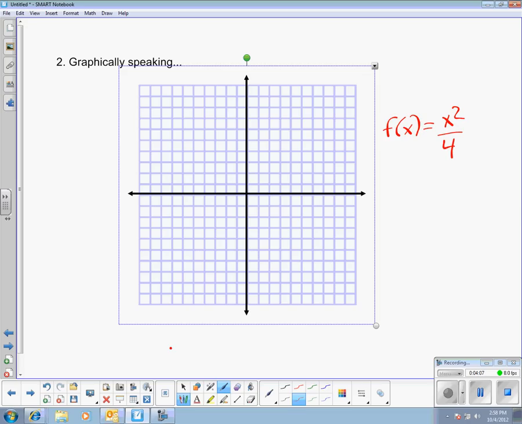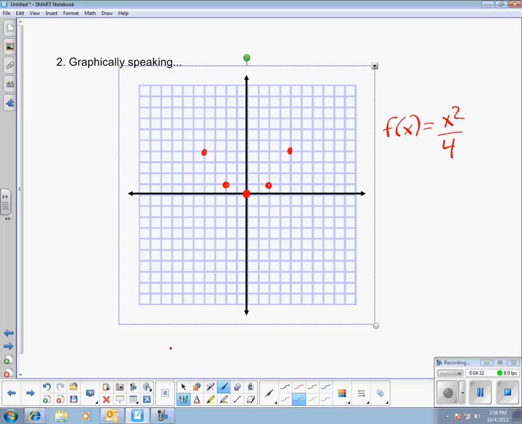When x is 0, y is 0. When x is 2, I get 2 squared is 4, 4 divided by 4 is 1. So at 2, my height is 1. At negative 2, my height is 1. At 4, I'm going to be going through 4, 4, because 4 squared is 16, divided by 4 is 4. So we can start to get the idea.